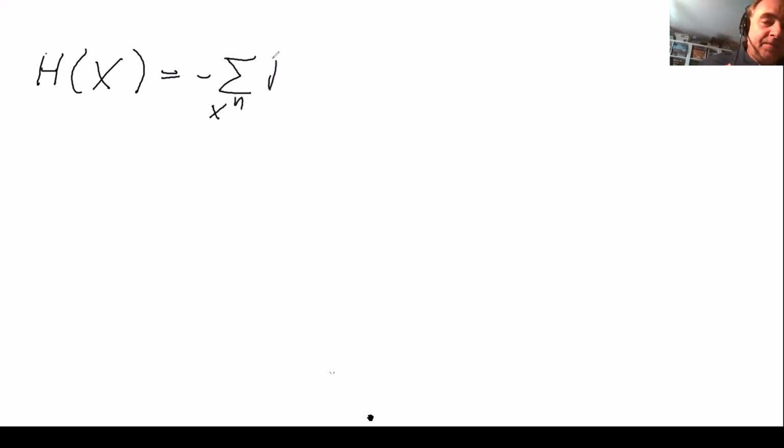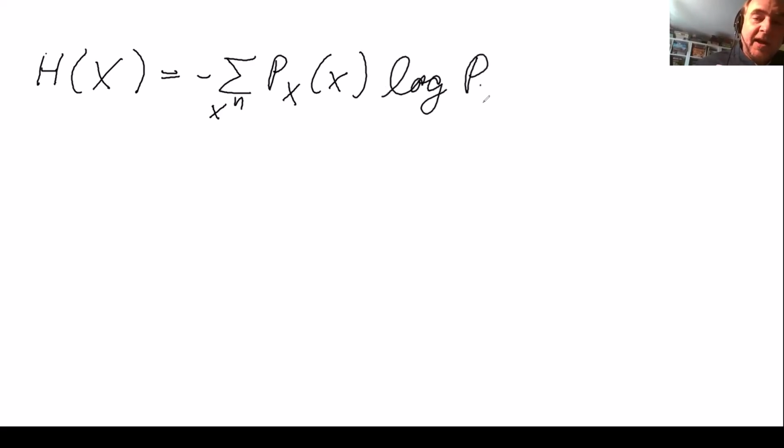So let us see. We have H(X) equal to minus the sum over all x of P_X(x) log P_X(x). Sorry, we have to remove the n here.